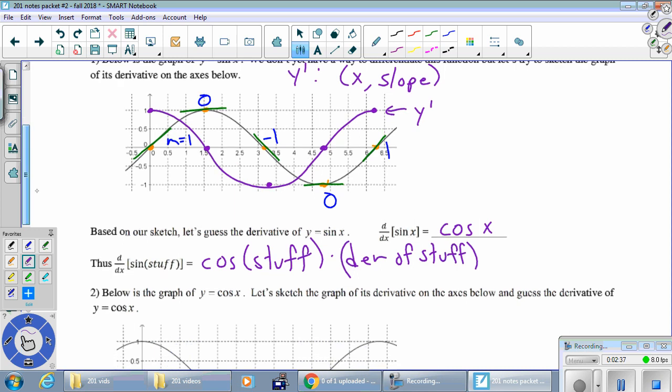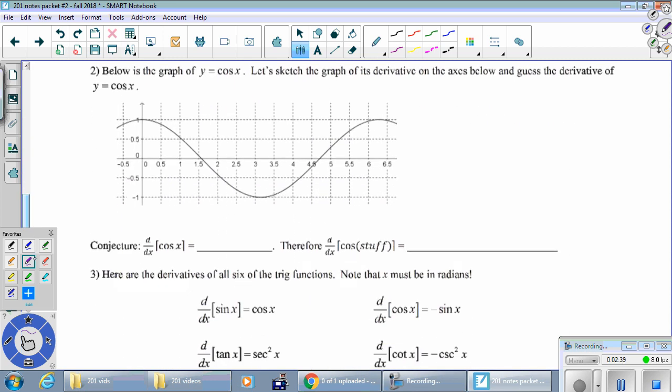Okay, let's try number 2. This is the graph of cosine, and we're going to try to sketch the graph of its derivative. We'll do this one a little bit quicker. Tangent lines at the same 5 points, and then we'll estimate slopes. Maybe that's a 0, a -1, a 0, a 1, and a 0. Then we'll plot purple points for the derivative graph.